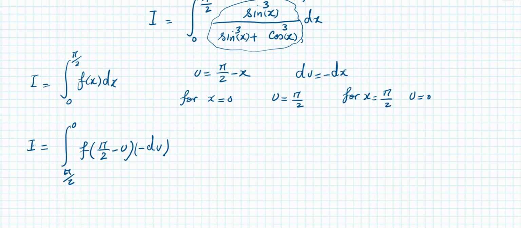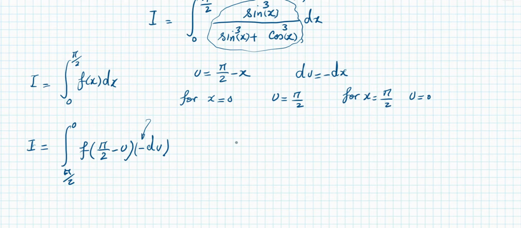Now, if we look at this integral, we realize that by changing the sign here for minus du, we can also change the order or the limit of the integral.